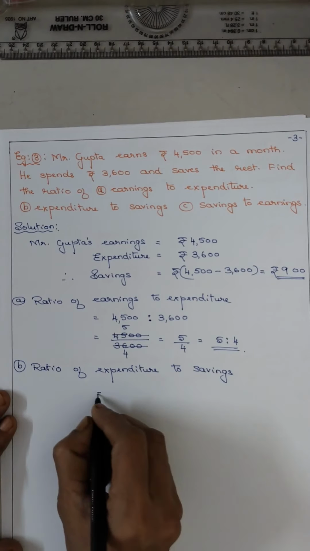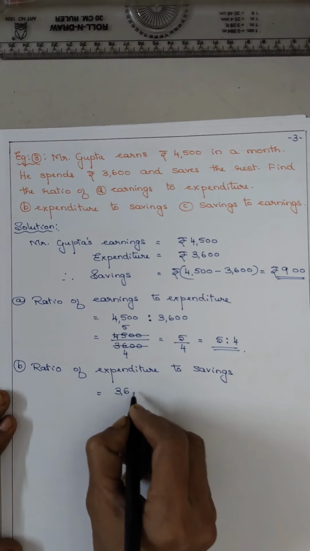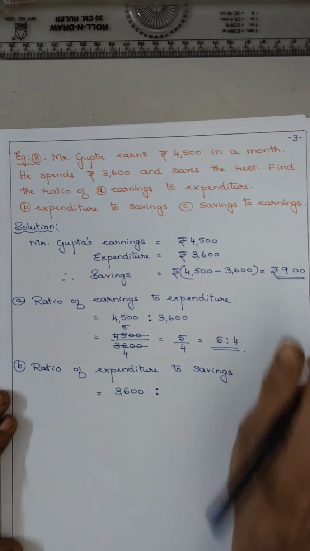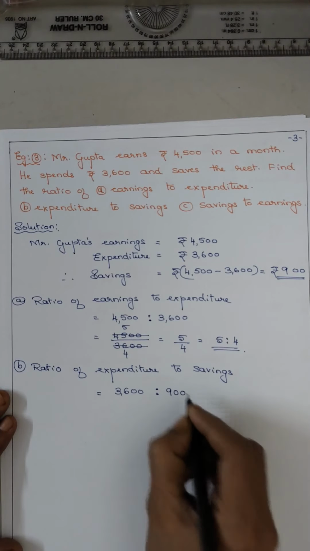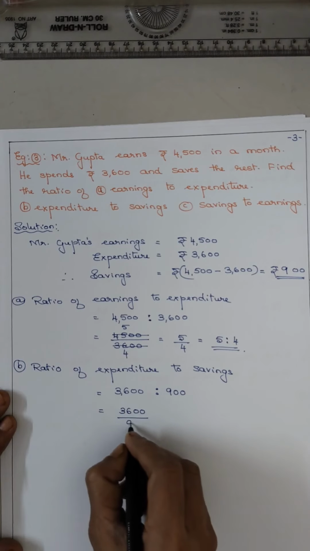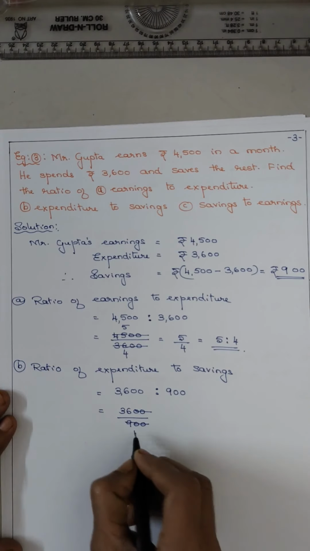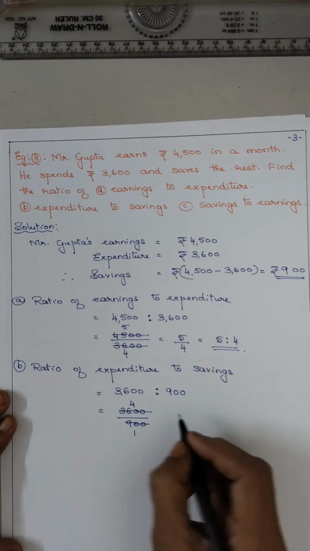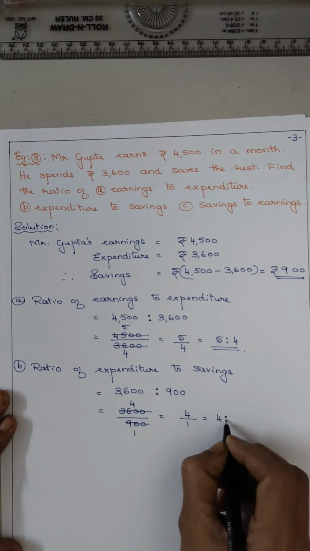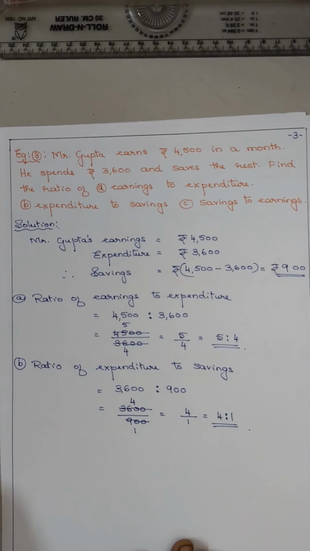Now expenditure, how much is it? 3,600 is to savings, how much you got? 900. Now write 3600 upon 900, 20 20 cut, 9 ones are 9, 9 fours are 36. So 4 by 1, that is 4:1. Second answer also you got.